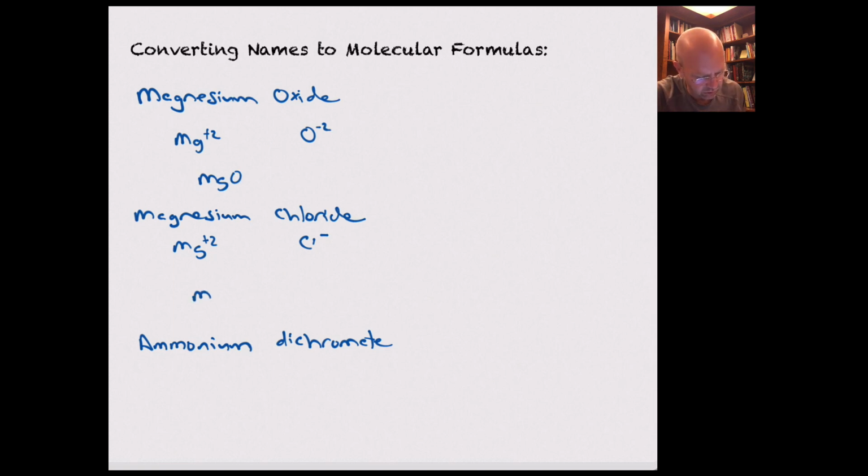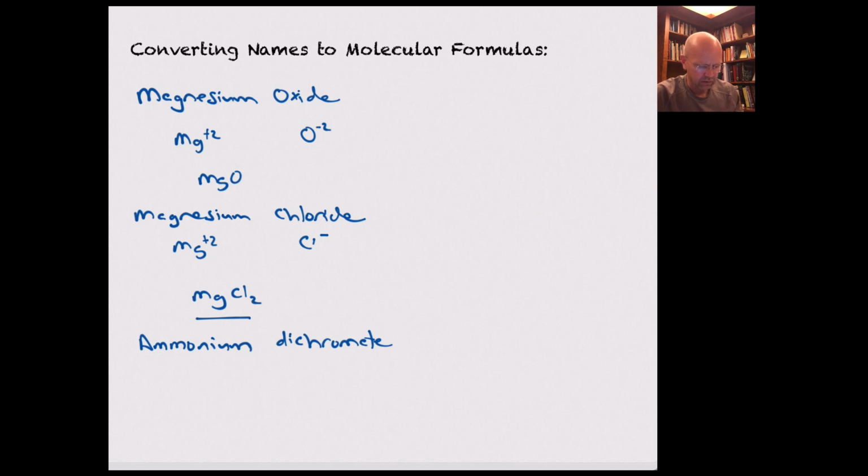So this would just be MgCl2, magnesium chloride. We don't need to say dichloride because we know that magnesium always has a +2 charge, and thus we know we have to balance that with the chlorine, so there's no need in the name to indicate dichloride. That would be the formula from that name.